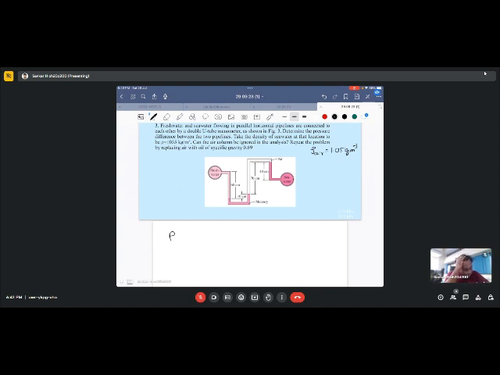Let's start from the left. We know that the pressure of fresh water plus, since we are going in the downward direction, we have rho of fresh water times g times h of fresh water, and h of fresh water is in fact this 60 centimeter given here.